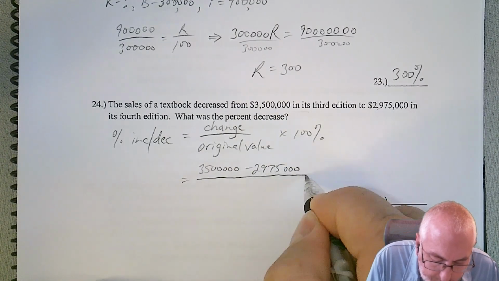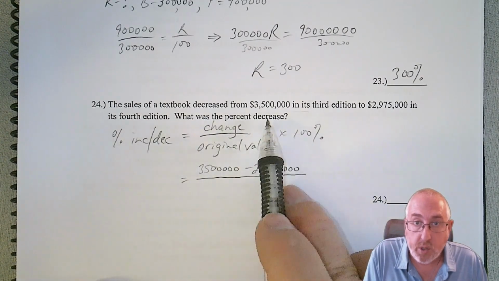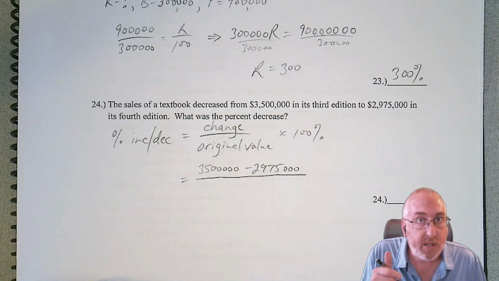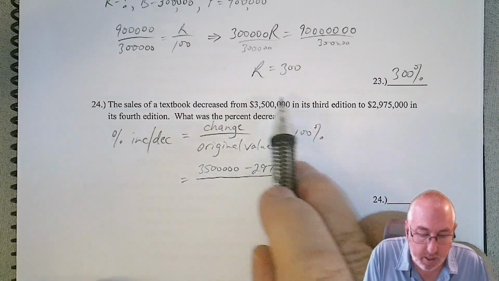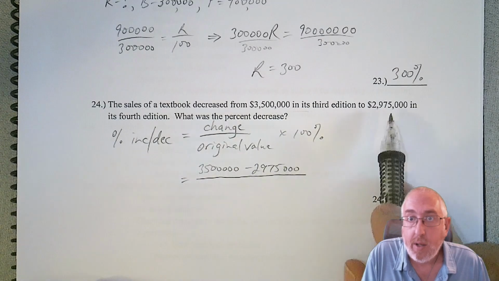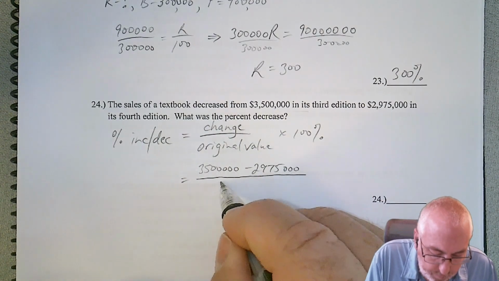And that will be the top of our fraction. But now the original value, so which one was original? Where did it start? That's the question you have to answer. Where did it start before it changed? It started at the 3,500,000 and then it went down to the 2,975,000.